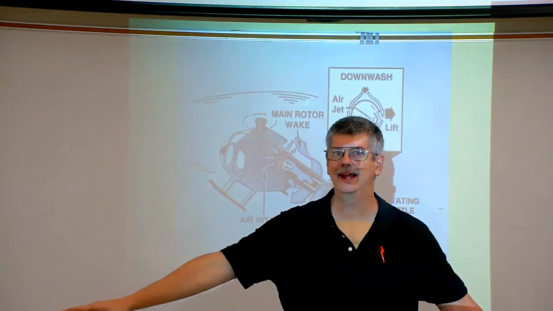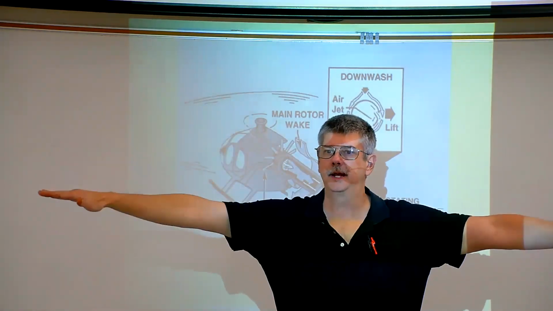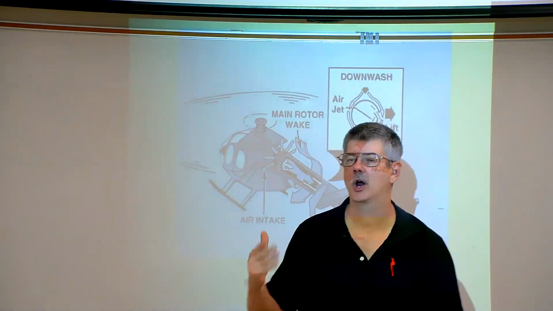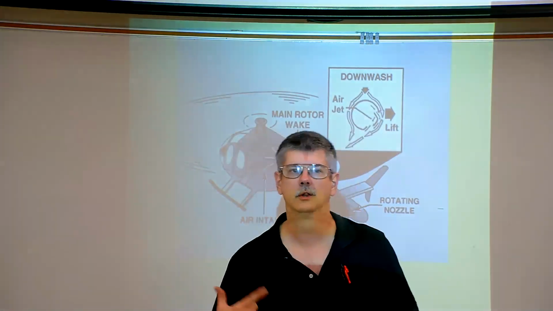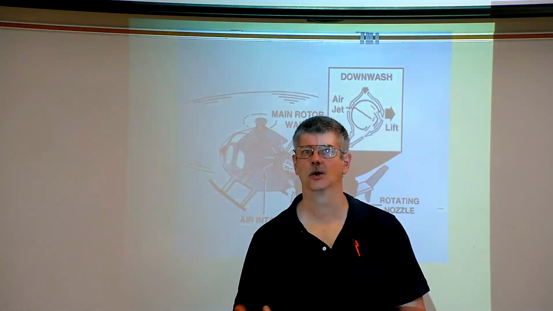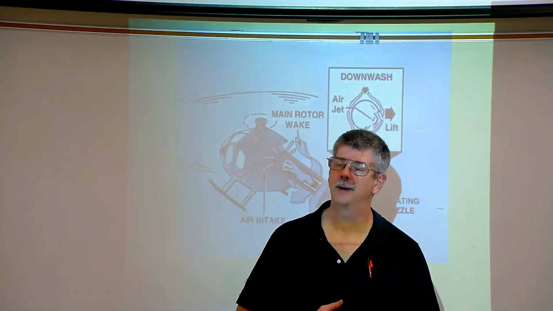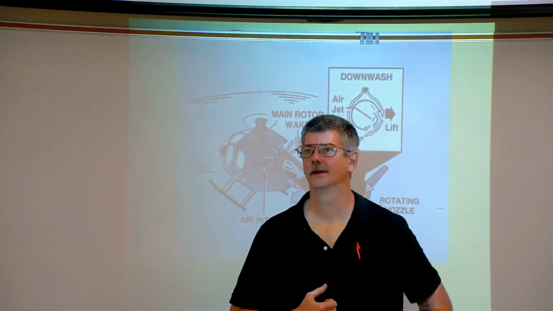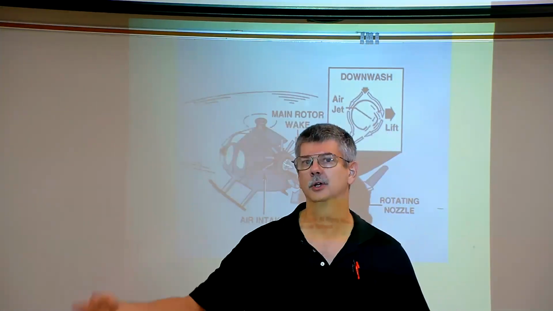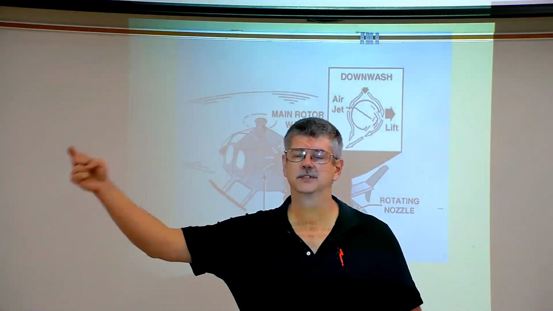Well, the problem is that when we pull up on the collective, the pitch of the blades will increase, which means the engine has a harder time turning the rotor blade, and so the rotor blade would actually slow down, okay? So when the pilot pulls up on the collective, that will add more fuel to the engine to produce more power so that the RPMs can remain the same.